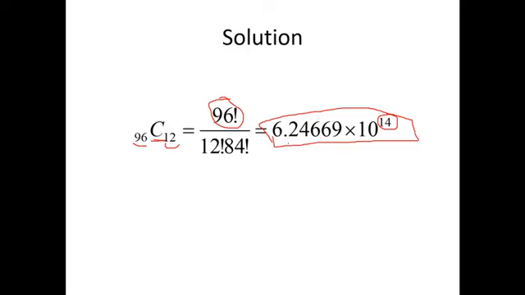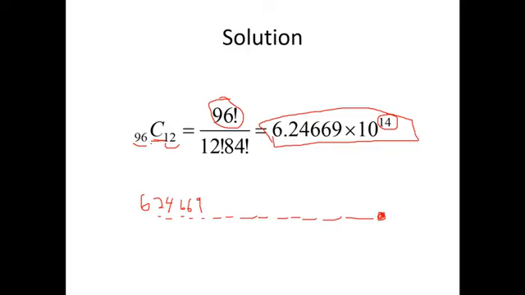And remember that this means that in writing this out, I would have 6, 2, 4, 6, 6, 9, and then I go out 14 spaces before I get to the decimal.